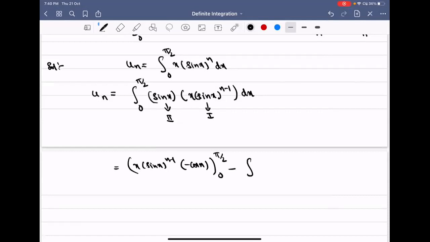Differentiation of x into sin x power n minus 1, using the u v rule, is sin x power n minus 1 into differentiation of x, which is 1, plus x into differentiation of sin x power n minus 1, which is n minus 1 into sin x power n minus 2, and by chain rule, differentiation of sin x is cos x, into dx.